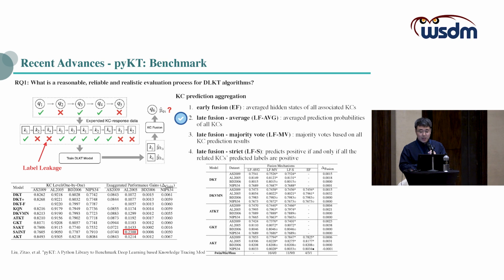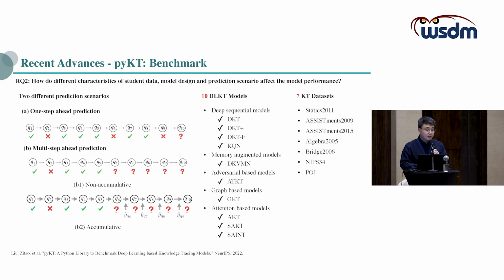So our team tried 4 different methods, and the results show that averaging the prediction probability of the KCs is the best. The next question is, how do different characteristics of student data, model design, and prediction scenario affect the model performance? There are 2 different prediction scenarios.